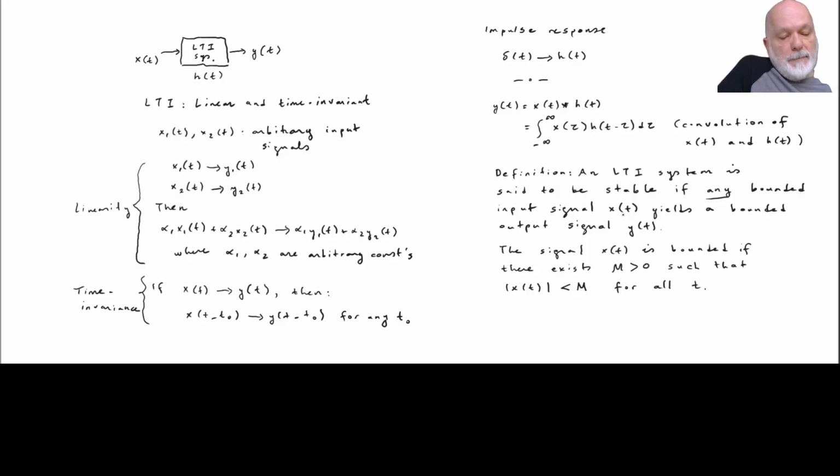Now next we have a result related to the impulse response. What can we say about the impulse response of a system in relation to the definition of stability? Next we are going to discuss this topic.